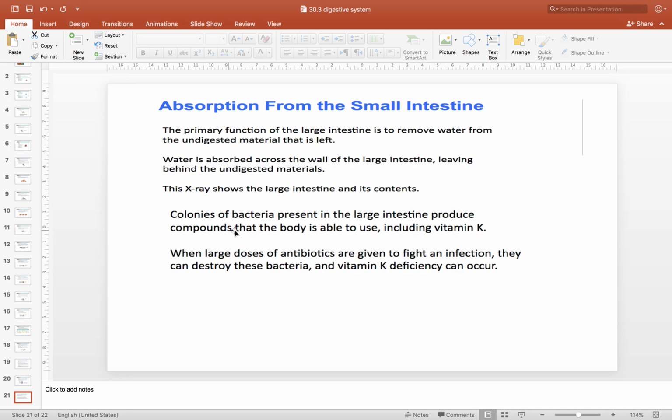So the colon has bacteria, and this bacteria helps in that it's able to take care of infections and protect the colon. If you take antibiotics, then it can destroy these healthy bacteria, and you can end up not having any vitamin K, and you'll have a vitamin K deficiency.